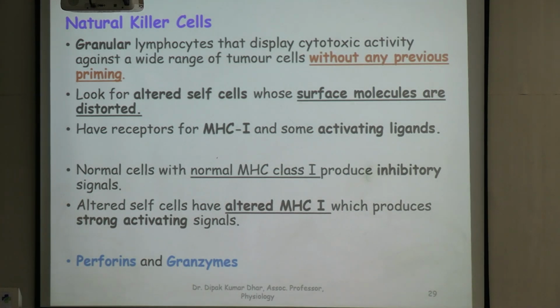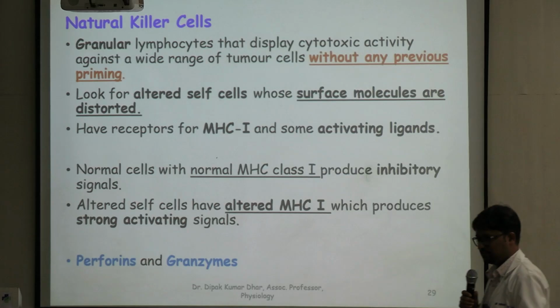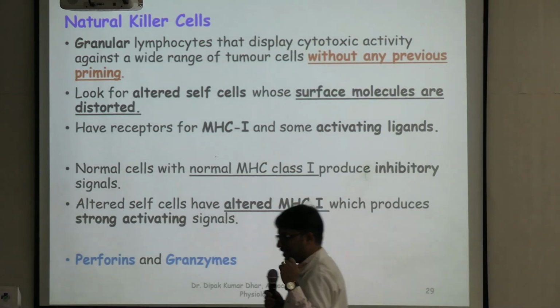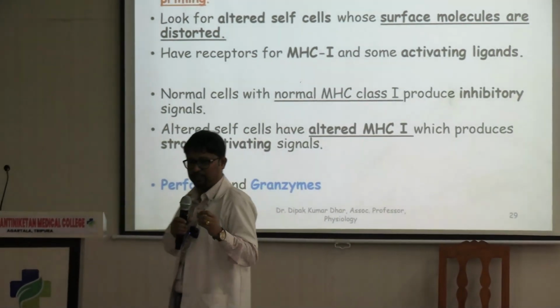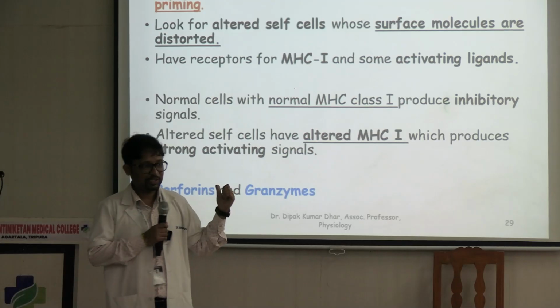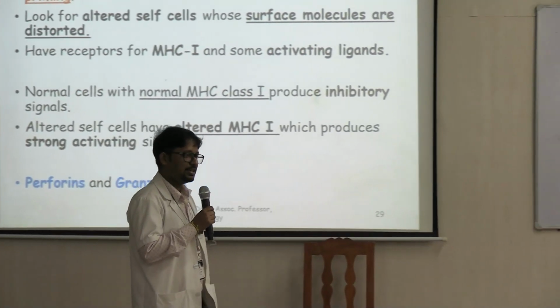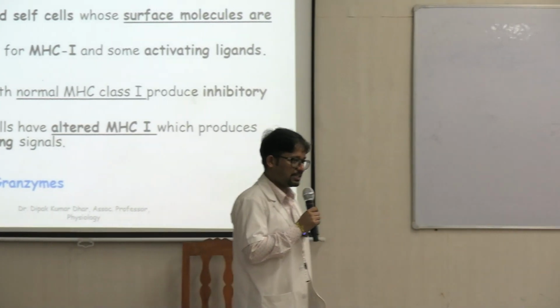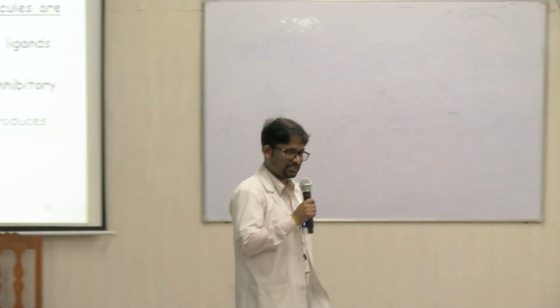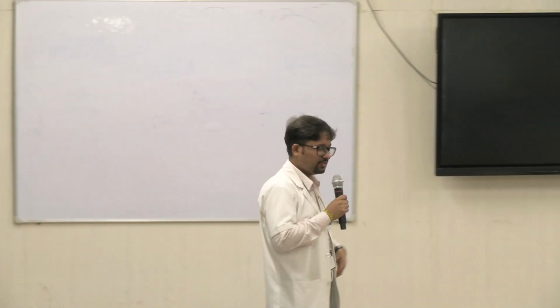Now natural killer cells. We are talking of mechanisms of the innate immunity. We've talked about barriers, and now we are talking of cellular. Under cellular, we have talked about phagocytes. Now we are talking of natural killer cells. Natural killer cells were first identified in 1976, so it's a fairly recent set of cells that we know.